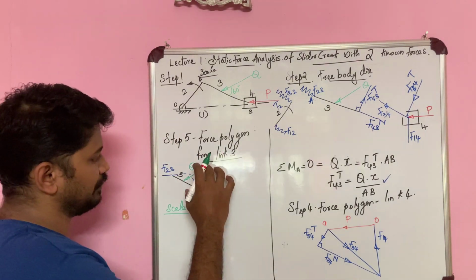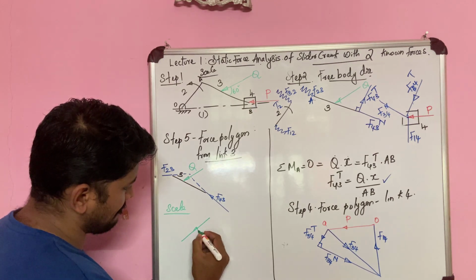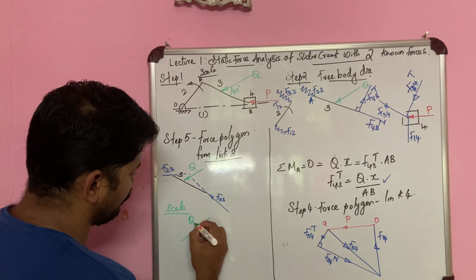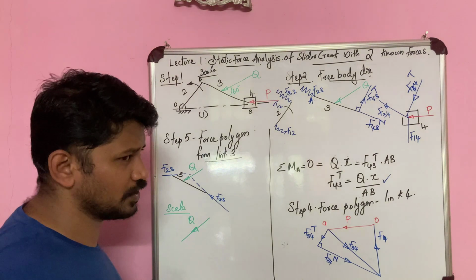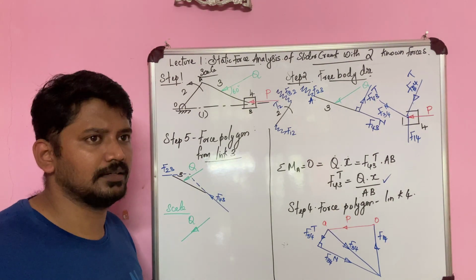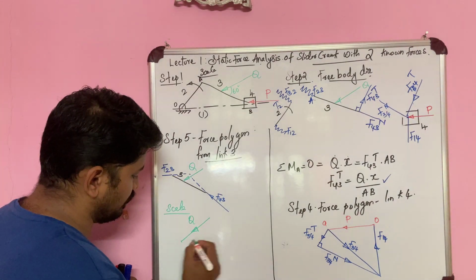So I am taking Q in this direction as per a suitable scale. Q is 3000 Newton, you can take it as 3 centimeter or 15 centimeter, something like that. Any suitable value is fine.